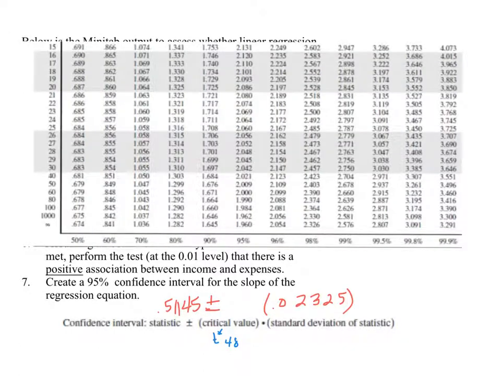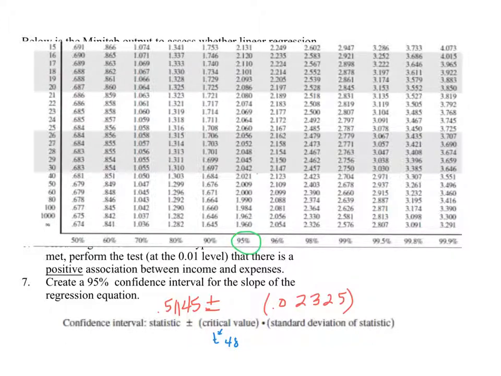Okay, so we can go to our charts that are given to us on the AP exam, and we're doing 95%, so we go to 95, and you'll notice on the side that we don't have a 48 degrees of freedom row.